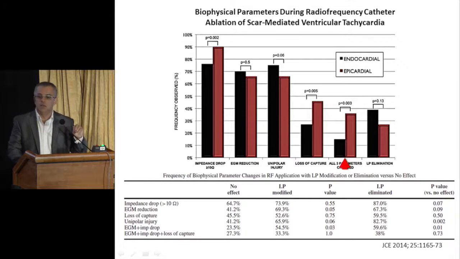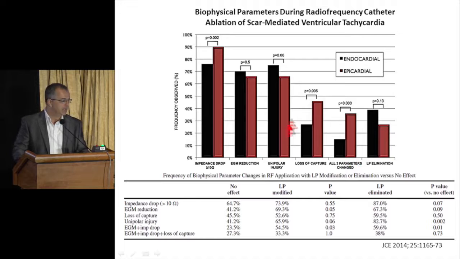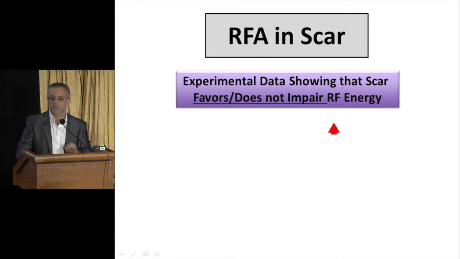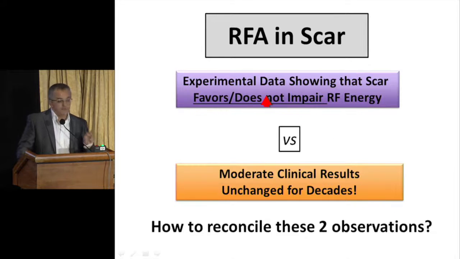So although we know we can do that, in general, what we see is very minimal changes as we ablate. So there is experimental data showing that scar is good for RF. But when we look at the clinical data, our results do not point in that direction.